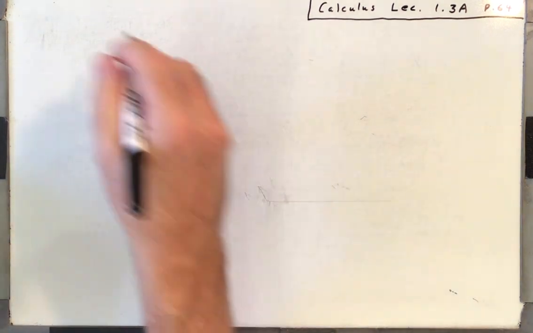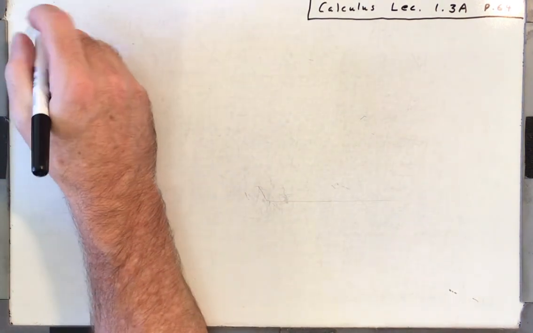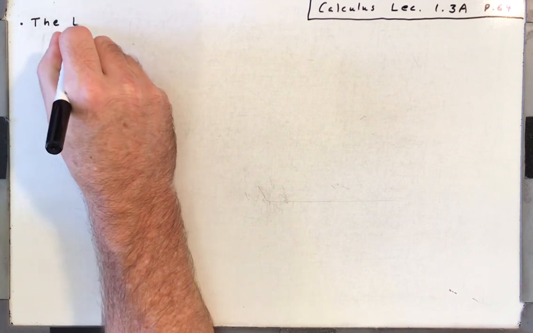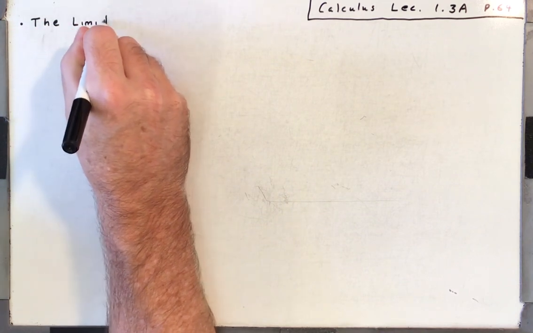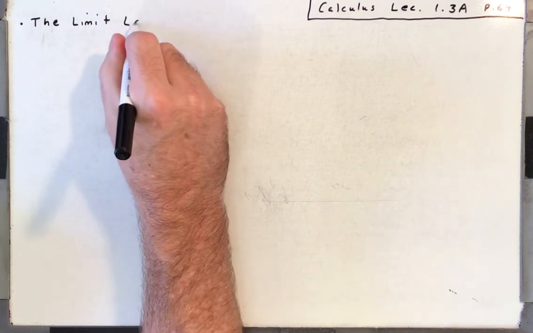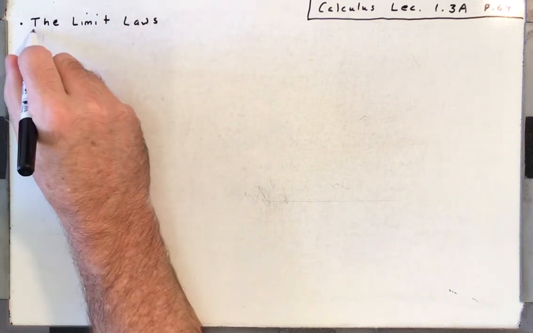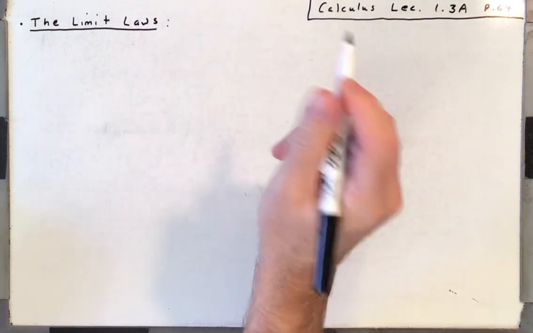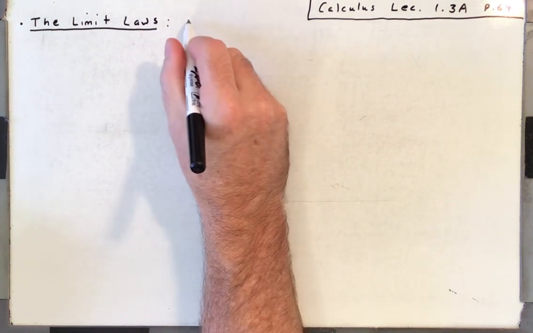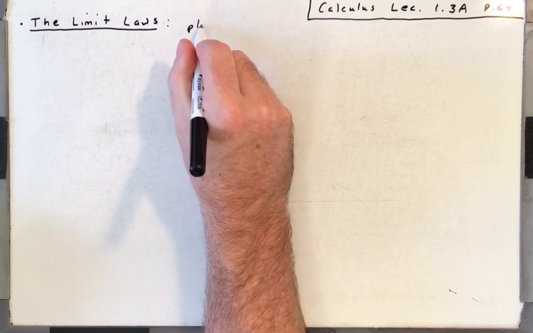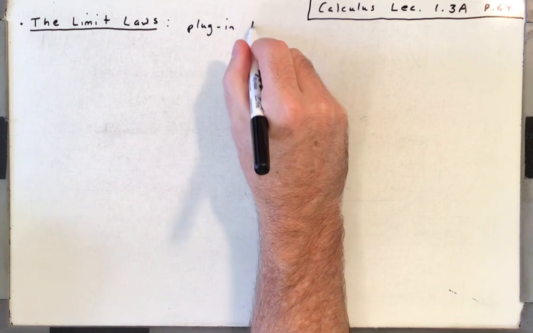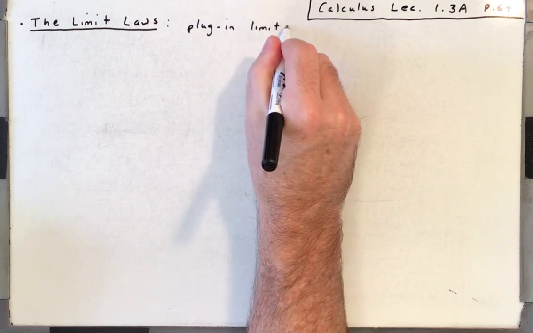This lecture I'm going to title The Limit Laws. And this is the easiest way to calculate limits. We'll call it plug-in limits, where you don't really have to do any algebra to solve it.